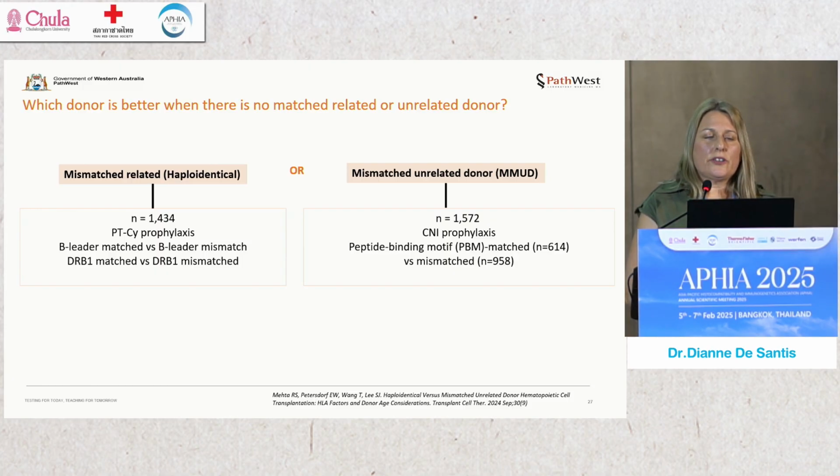There were 1,434 patients in the haploidentical group. These were either B-leader matched or mismatched, and DRB1 matched or mismatched. And in the mismatched MUD group, there were 1,572 patients who received CNI and were categorised according to the peptide binding motif, matched or mismatched, as I explained earlier.